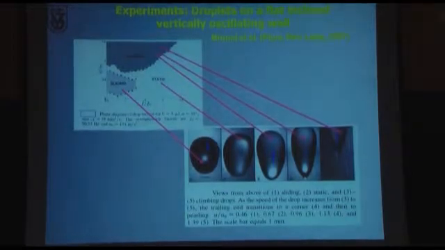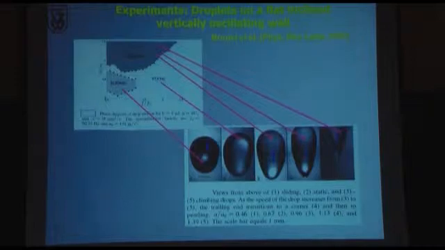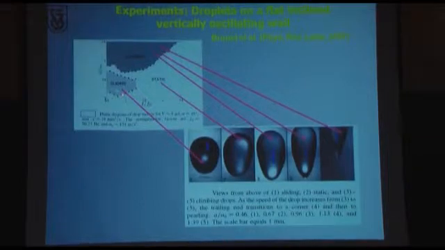If we are here, it will stay. Now we raise the acceleration a little bit, so now the drop slides down, so that's how it looks. This is the front edge, and this is the trailing edge.